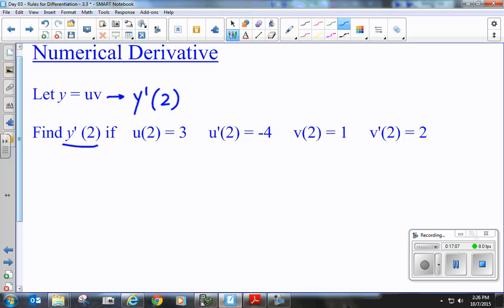But the beautiful part of that is they give us everything we need to know right here. How do I find the derivative of something when I multiply two things together? What was the product rule?